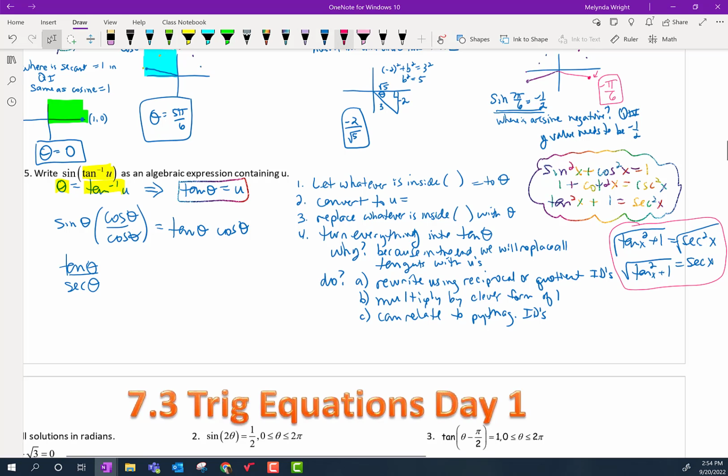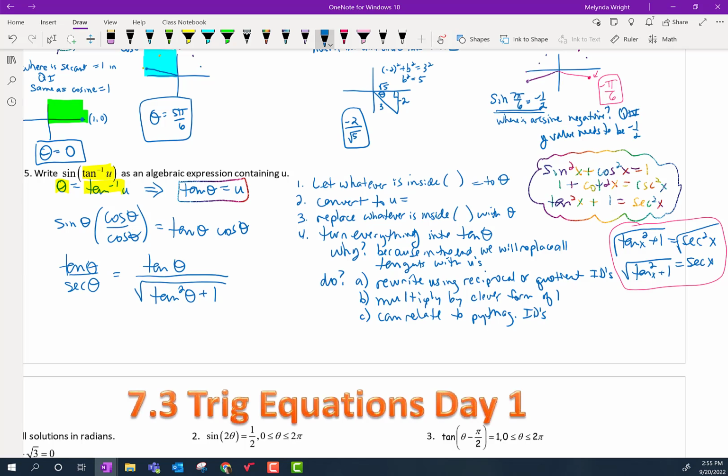This is going to be the same as, I have tangent in the numerator. In the denominator, I'm going to replace secant with the square root of tangent squared plus 1. I want to pause here for a second.